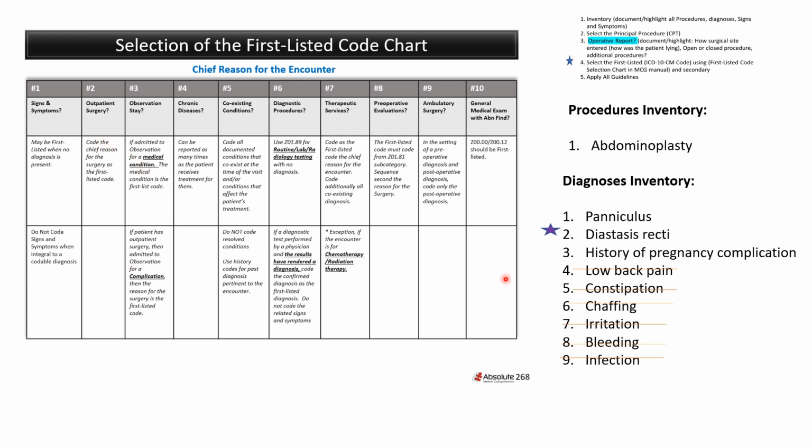And the chief reason for the surgery could be panniculus or diastasis recti. So I just chose one. I chose diastasis recti. That is my first listed code. If you've chosen panniculus, you are correct as well. Now here are my codes: M62.0, E65, Z87.59.